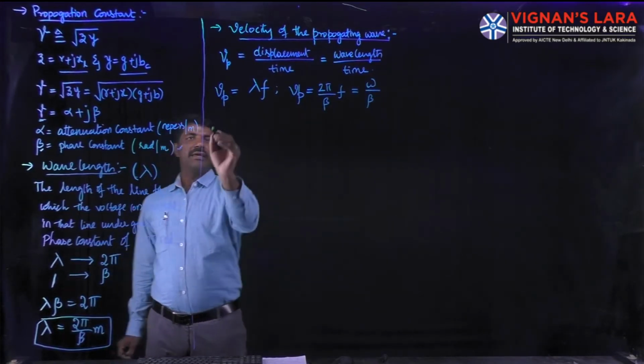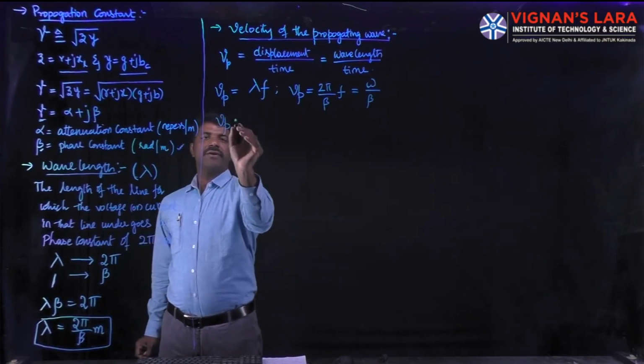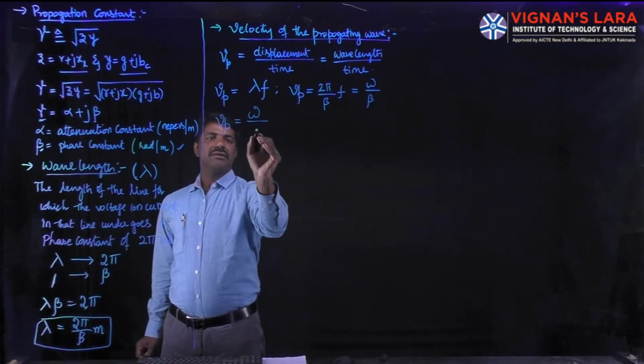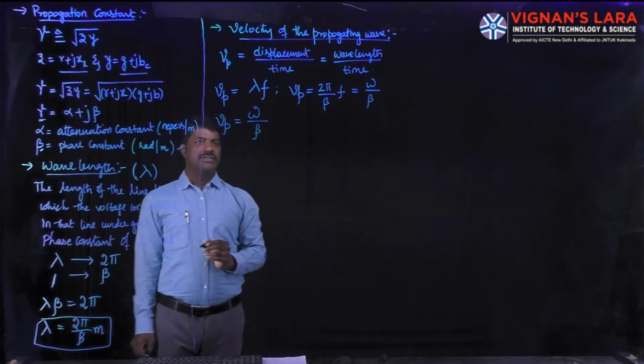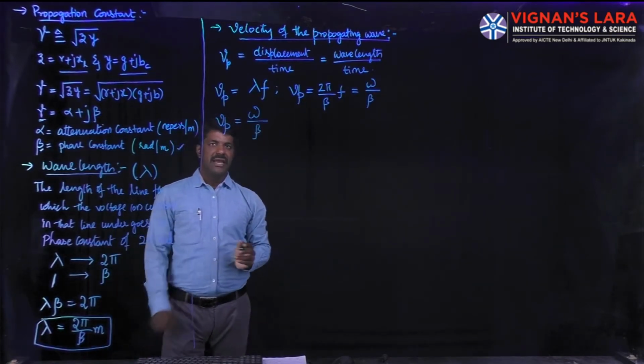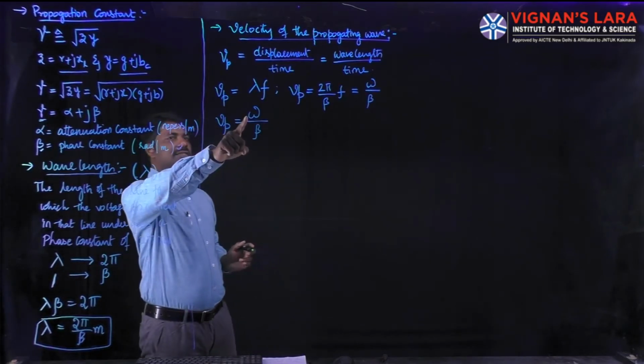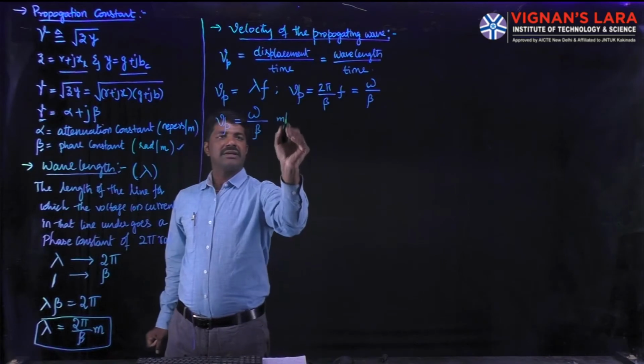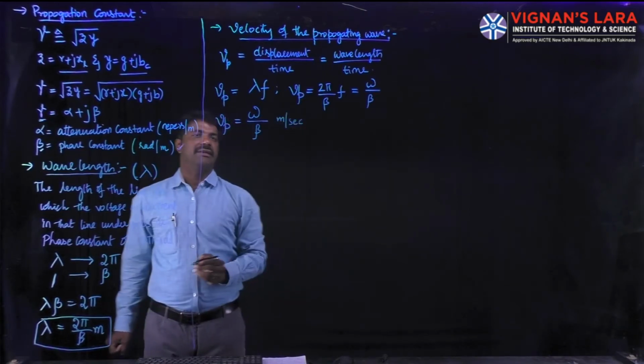So finally, the velocity of the propagating wave Vp is equal to omega, the angular velocity 2 pi f, divided by beta, the phase constant, which was defined in radians, and omega is also in radians per second. Then we can write this and convert it into meters per second.